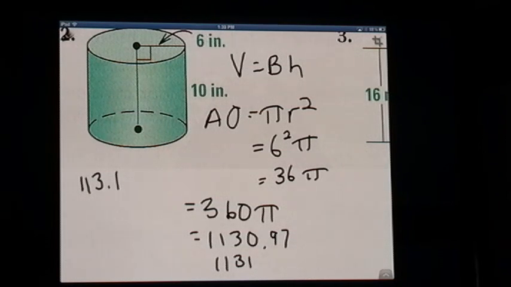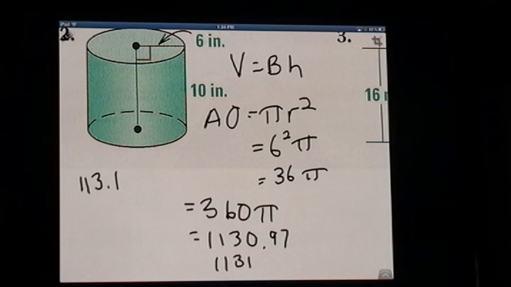Then multiply that times 10, because that's the height. So you have 113.1 times 10, and that would give you 1,131 exactly.